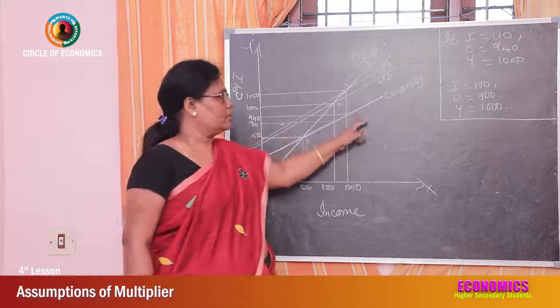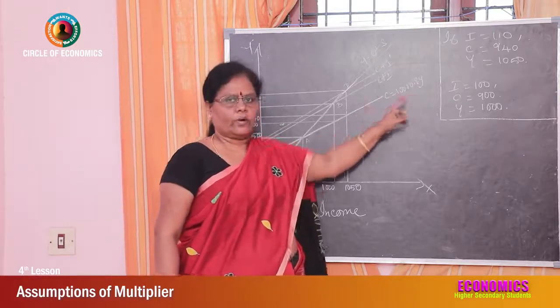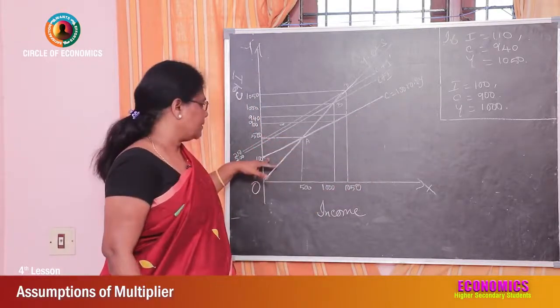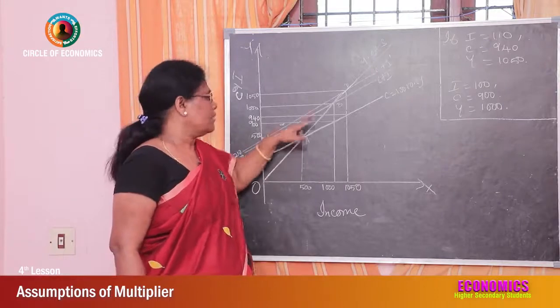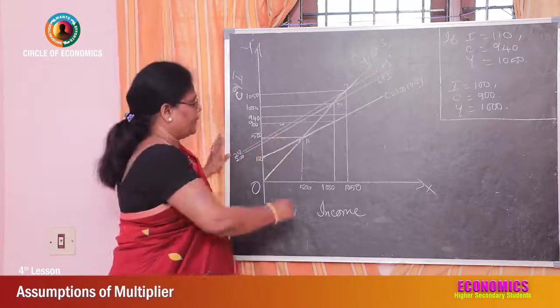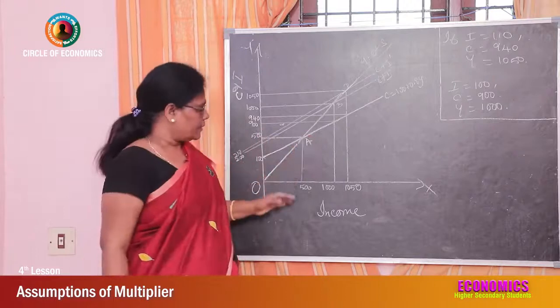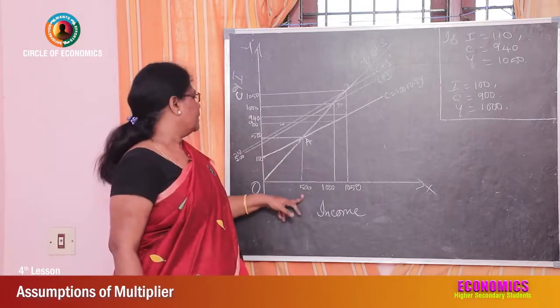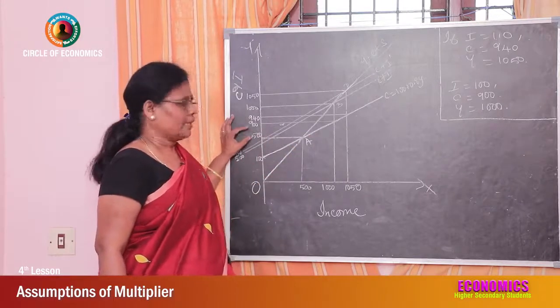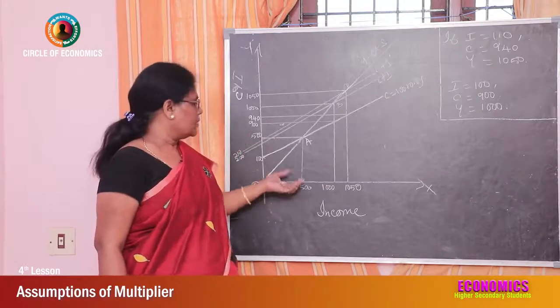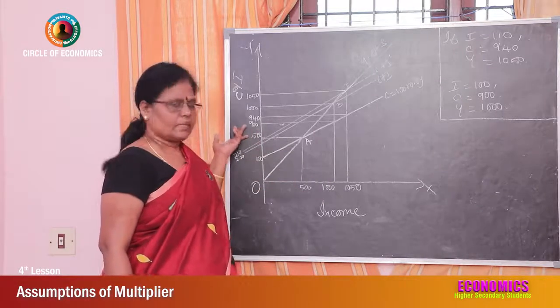This consumption line intersects this Y is equal to C at point A, where income is equal to 500 and consumption is equal to 500. All the income is being spent on consumption.